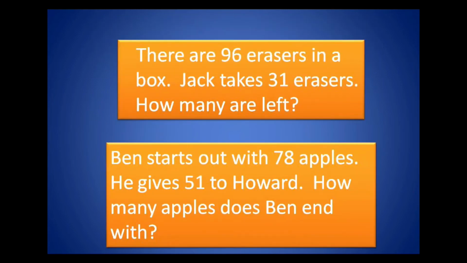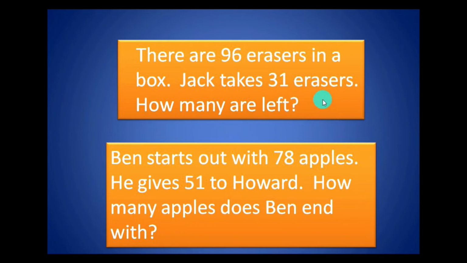Okay, let's take a look at a couple of examples. There are 96 erasers in a box. Jack takes 31 erasers. How many are left? Did you see our clues? There is left. Now we also got how many, so that's just kind of letting you know that whatever you have left, that's going to be your solution.